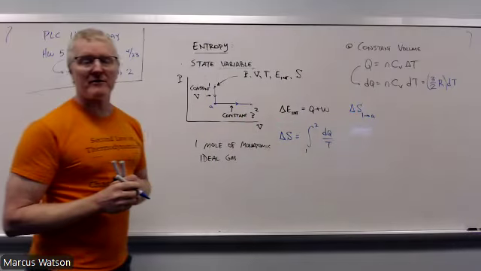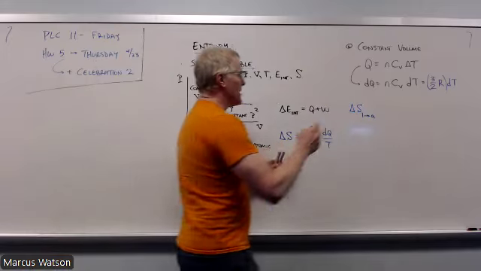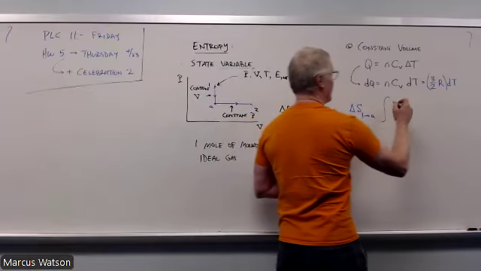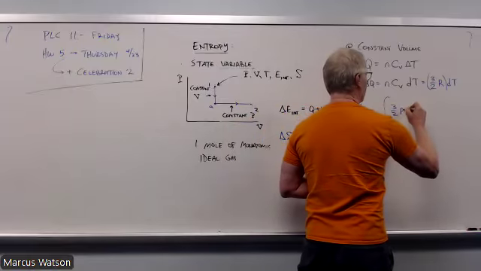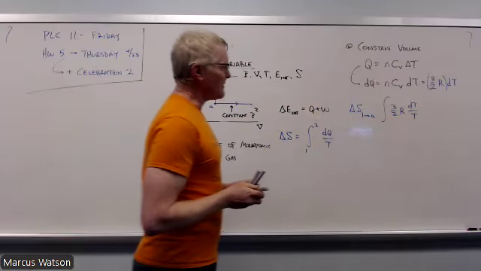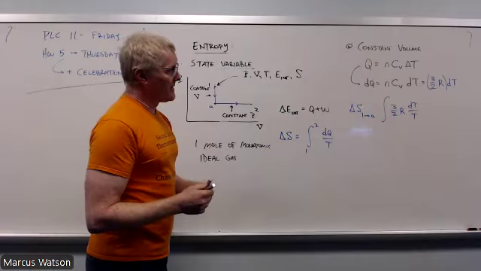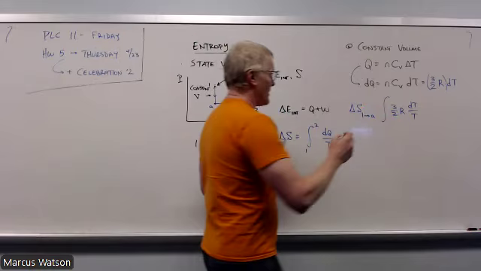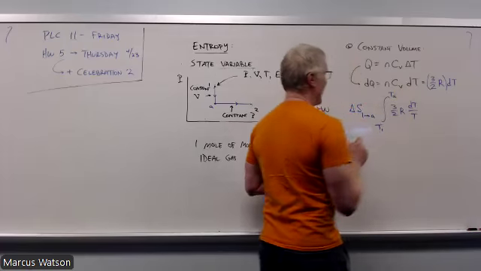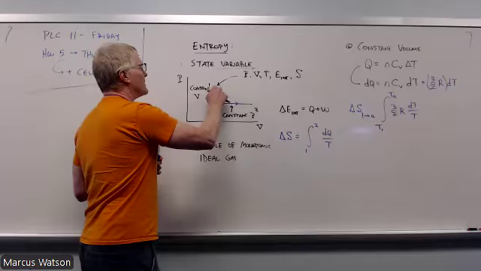The entropy change going from 1 to A would just be the integration of dQ, which is now this thing, divided by T. I would need to know what these temperatures are, but effectively I'm integrating temperature from T1 to TA.